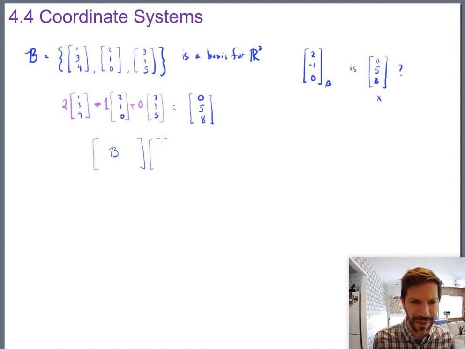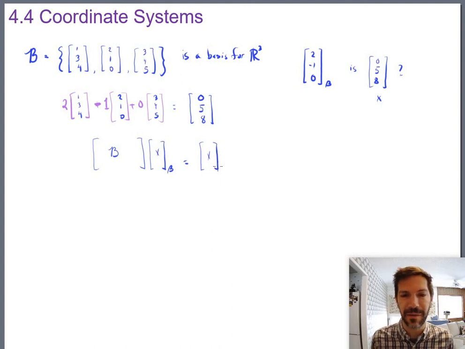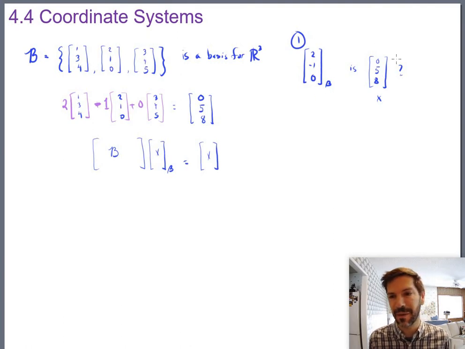I didn't actually write it in matrix form here, but you can, and then times coordinates in the B system, and that produces just your regular x coordinates in standard. So they'll ask you to go that direction. That's one type of problem they'll do: give you some basis coordinates, ask you what the standard coordinates would be for that same thing.